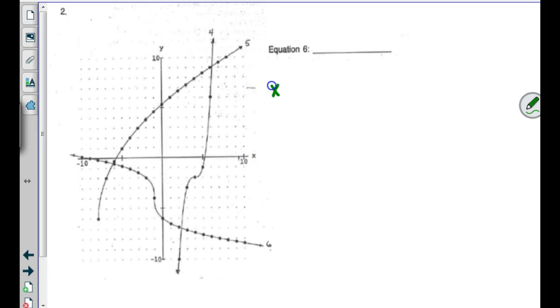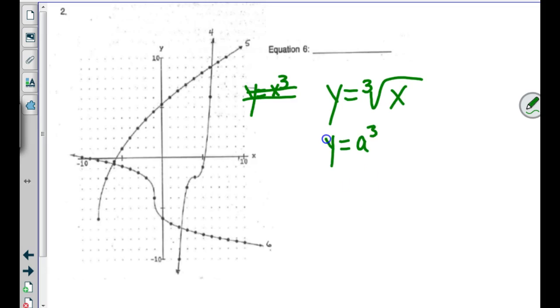Okay, but how do we make that sideways? It's not, yeah, it's the cube root. Okay, now we're still going to have a stretch out front, possibly a left-right shift in here, and an up-down shift on the back.